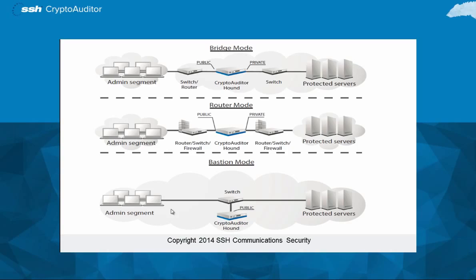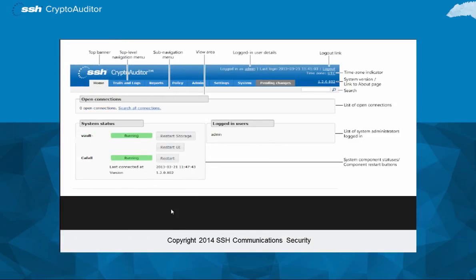By default, each vault comes with a built-in hound. The solution comes with a web user interface which can be accessed by your admins to view reports, investigate incidents, and define policies. The policy engine itself is the heart of the solution, where you can set up simple to complex rules depending on the connections you want to capture for restrictive and/or auditing purposes.